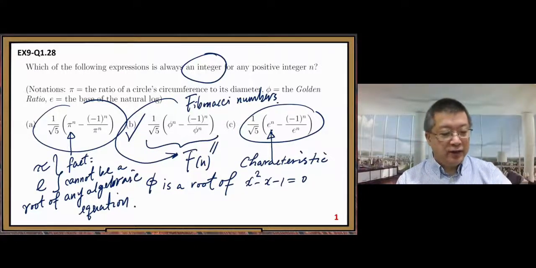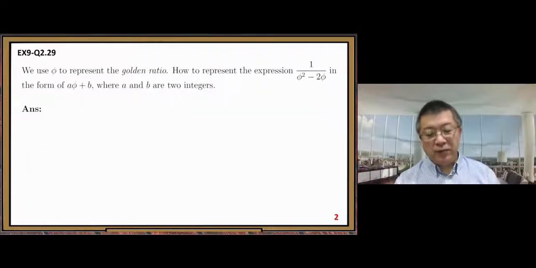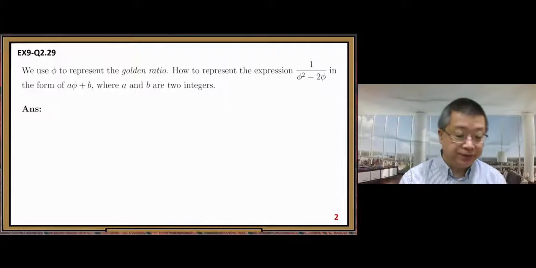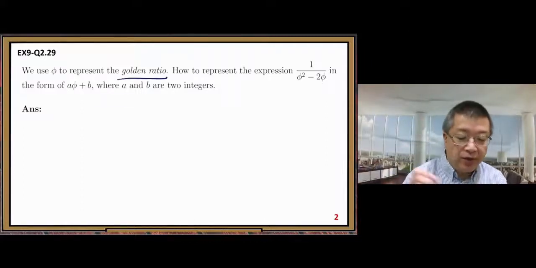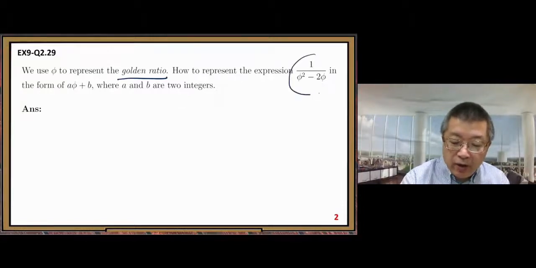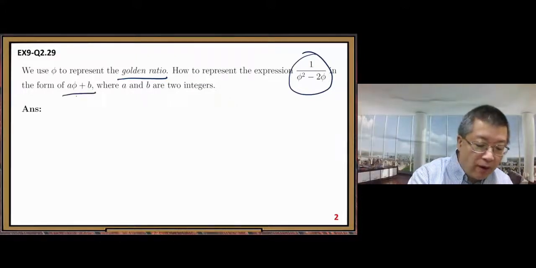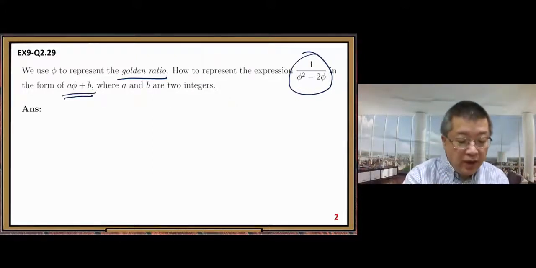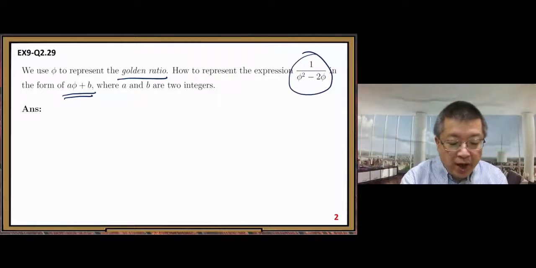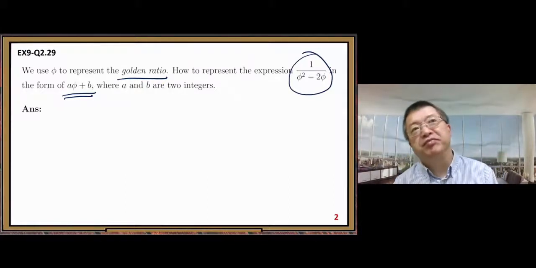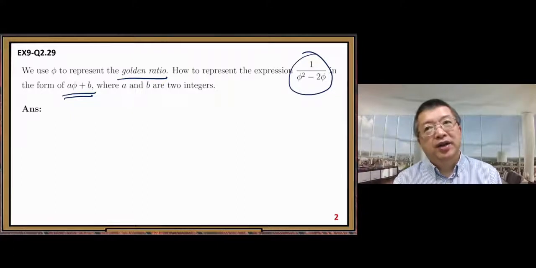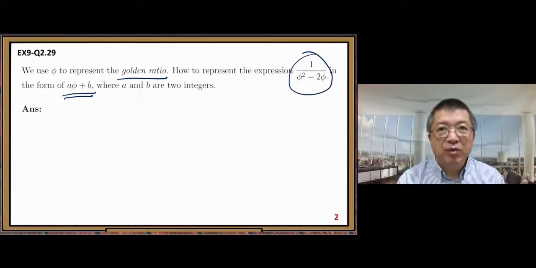All right, so that is our first question. This one is a little hard. Phi is the golden ratio. Then how to represent 1 over phi squared minus 2 phi in the form of a phi plus b, where a and b are two integers? Now, this one you need to do formula transformation.